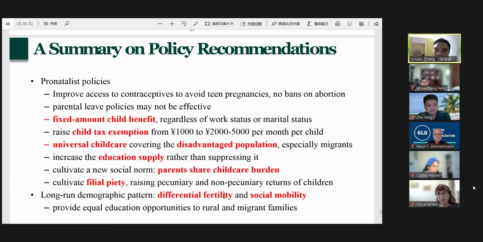And at the same time, we should pay strong attention to social mobility, which means we should provide equal education opportunities to rural and migrant families, so that they receive better education than they are receiving now. This way, the poor family have higher fertility and their children are better educated. So the whole society would benefit.